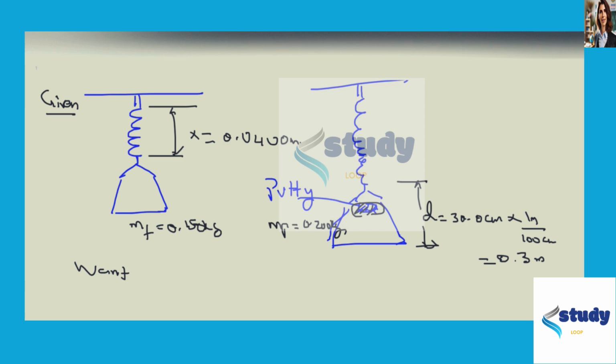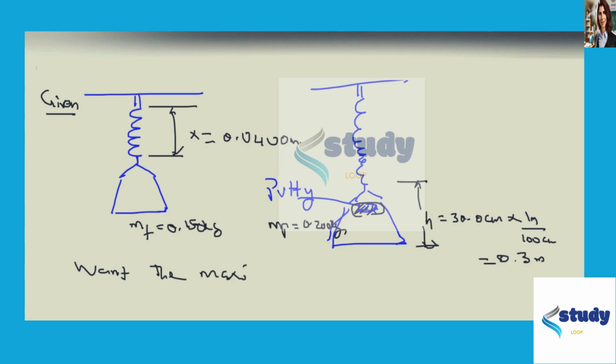And we want to find the maximum distance that it's going to stretch. Let's just call this height. We're going to call it h. That height, this height, we're going to call it h.